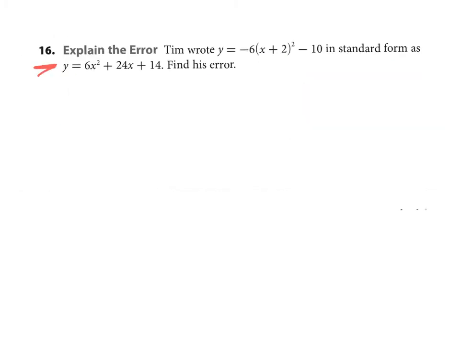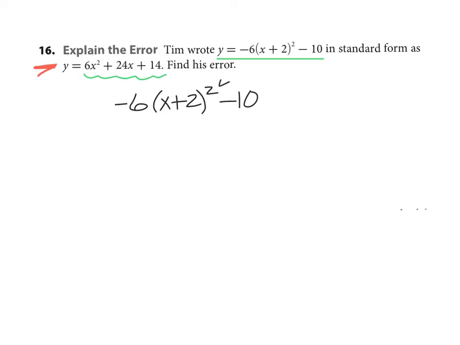Our next problem, problem number 16, on the next page. Tim wrote that this particular function in standard form was this. It says find his error. So here we're actually going to do the math. So we're going to expand this. Just like our order of operations, you do parentheses, exponents.